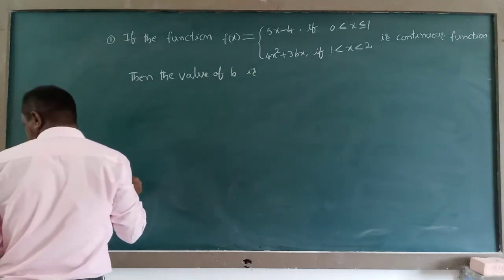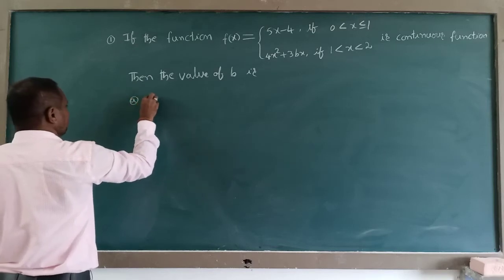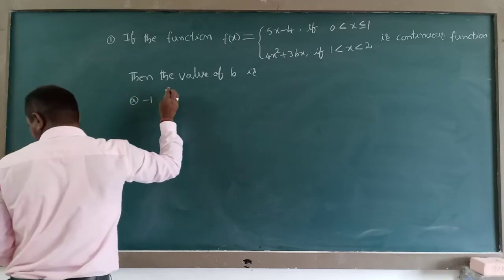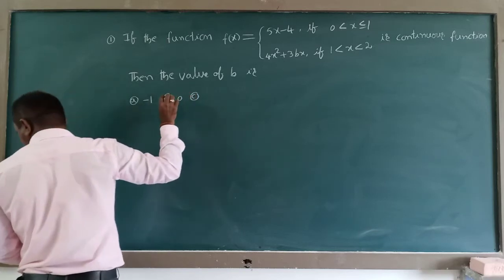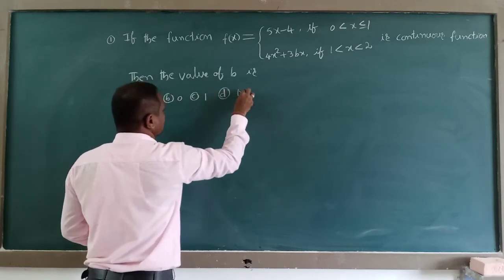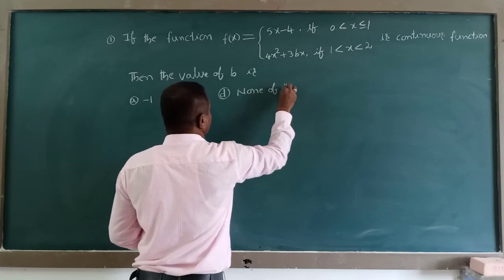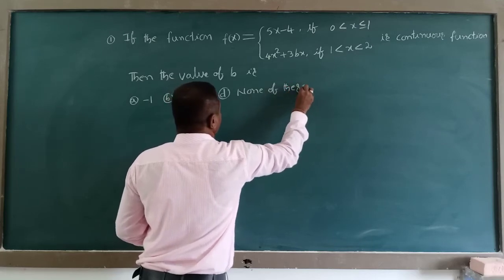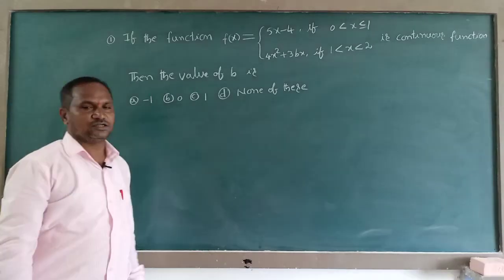Options they give for this question: first option A is minus 1, second option B is 0, third option C is 1, and the last D is none of these. See here, they mentioned it is a continuous function.